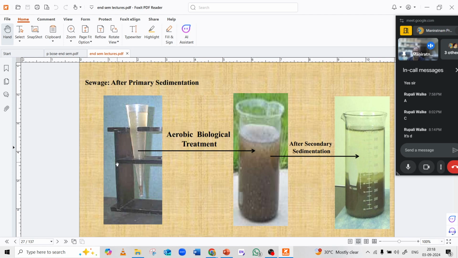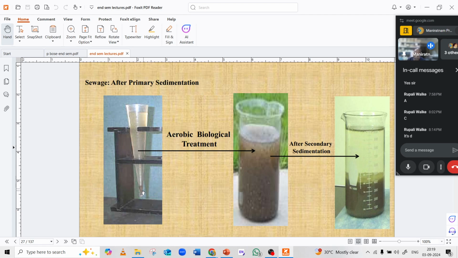It generally has a capacity of 1 liter. 1 liter of wastewater is added, and how much sludge has settled at the bottom of this tank is measured and reported in ml.